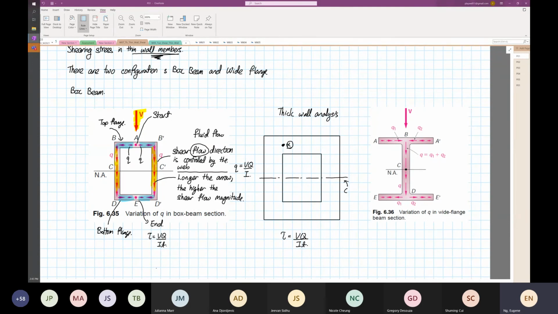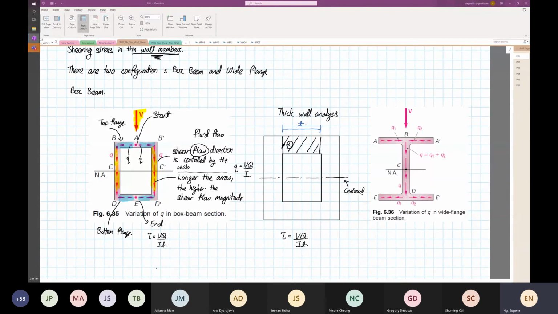So this is the centroid, and then the area that we are going to consider is this area. And then the thickness will be, which is the thickness? Is it the horizontal or the vertical orientation? So this is the thickness that you would take. Yes or no? So that's for thick wall analysis.